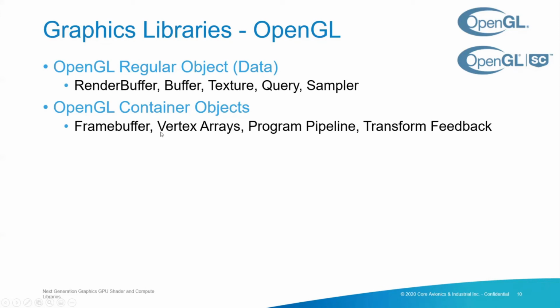Vertex arrays are holding points or vertices of objects to be displayed. The pipeline, which I'm going to describe later, is the pipeline of sequences that are going to be displayed using the frame buffer and transform feedback, which is another part of OpenGL.